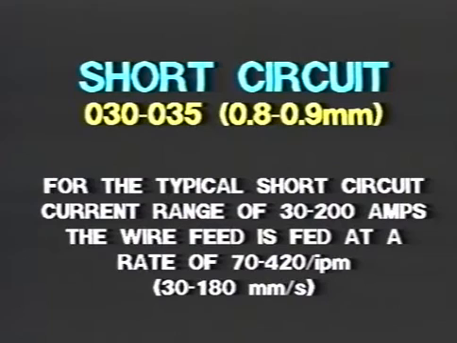The relationship between the voltage and the wire feed speed is critical for attaining optimum quality welds. Understanding the relationship between the wire feed and the amperage for a given diameter wire is also critical if you want to achieve maximum deposition in your welds.